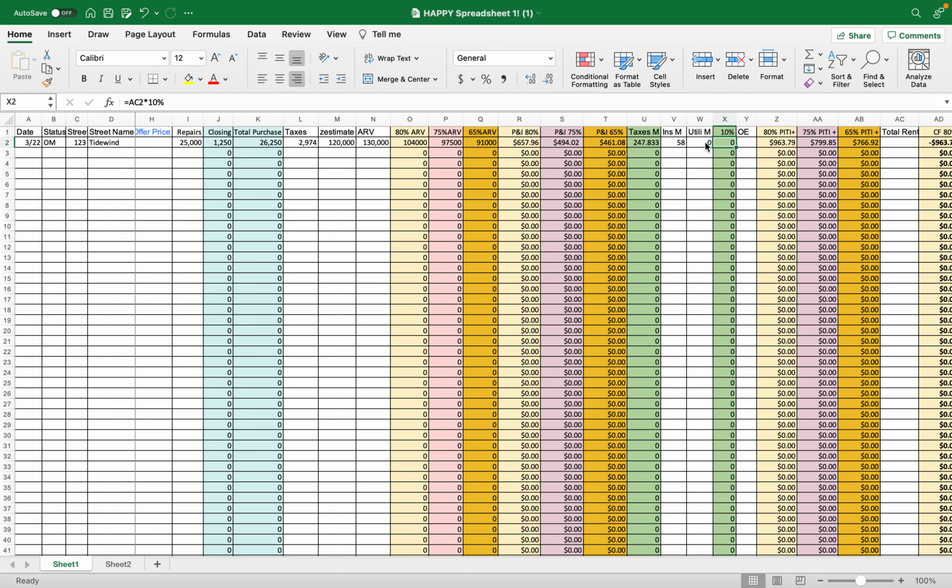Things to consider too is the age of the property. If you have an older home that might need more repairs, maybe increase that. We used a BRRRR strategy, and with the BRRRR strategy, because we are going to rehab it, rent it, and refinance it, we try to do all of the big capital expenditures up front.